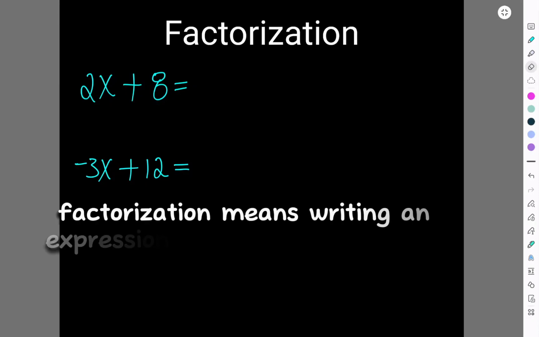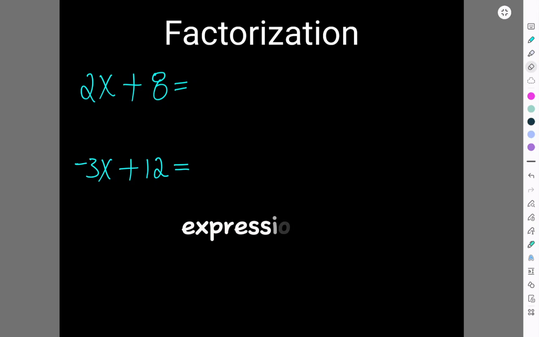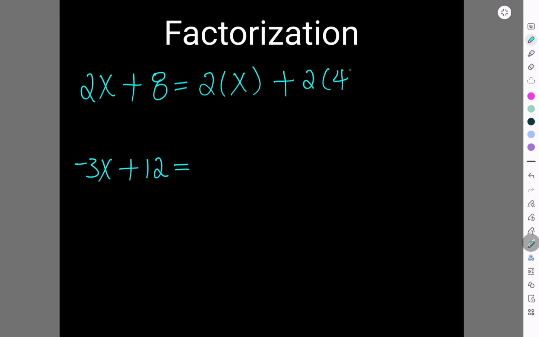Factorization means writing an expression as the product of simpler expressions. 2x plus 8 can be factorized as follows: 2x means 2 multiplied by x, right? Then plus 8 means 2 multiplied by 4, and 2 is common, so we can factor it out.